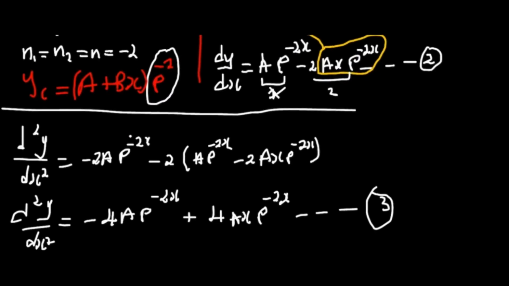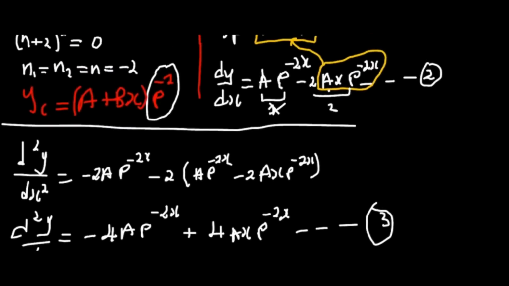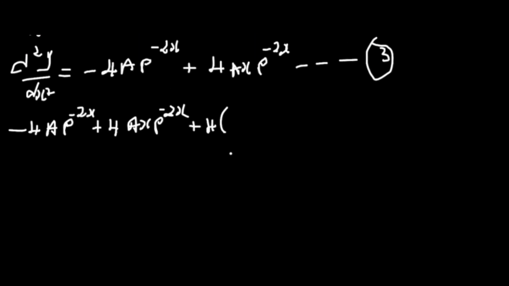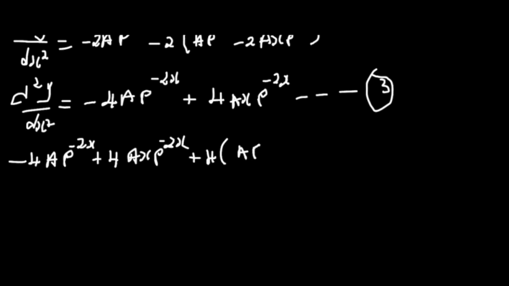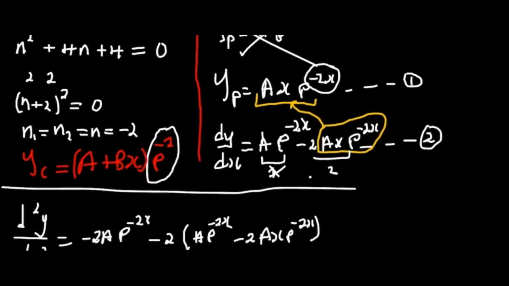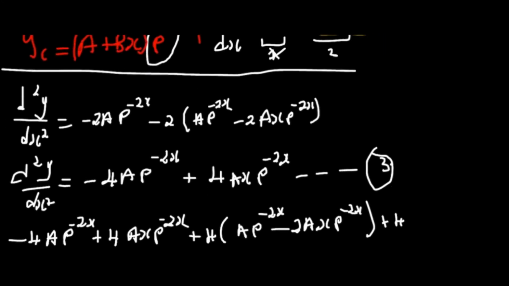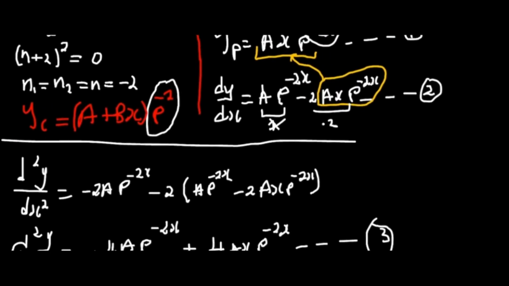So we're going to have plus 4 in bracket, our dy dx is this, so a e to the minus 2x, minus 2ax e to the minus 2x. Now looking at the equation star again, plus 4y, but our y, which is our particular solution, is ax e to the minus 2x.